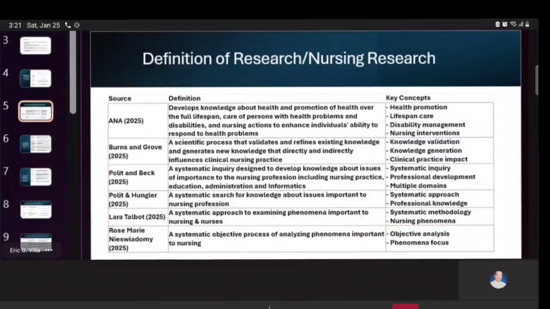Her framework emphasizes the integration of quantitative and qualitative research, and it also outlines the systematic steps in the research process. The book also focuses on practical application in clinical settings, and evidence-based practice is highlighted in her work.